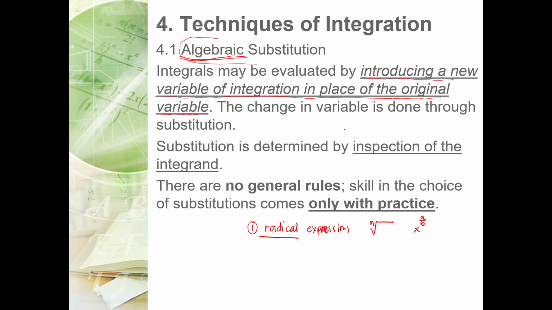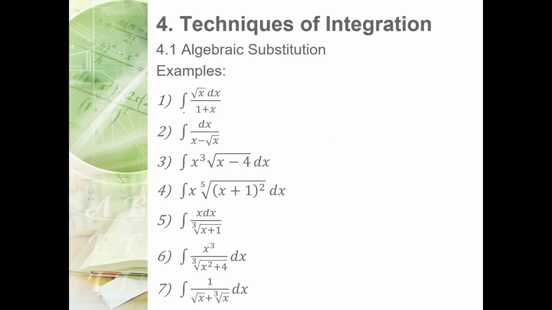Okay? For us to be able to appreciate what I am talking about here, we have to solve 7 examples. Notice that in each example, we have radical expressions present.